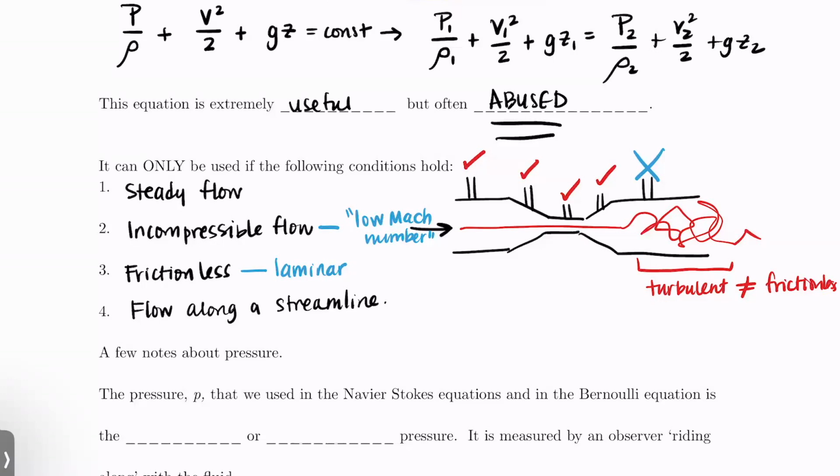And then flow along a streamline. This will be a little more into the semantics of what's going on. So for example, if you have flow in a pipe, we've already in the last unit sorted out that the velocity is generally going to be in a parabola like this, right?